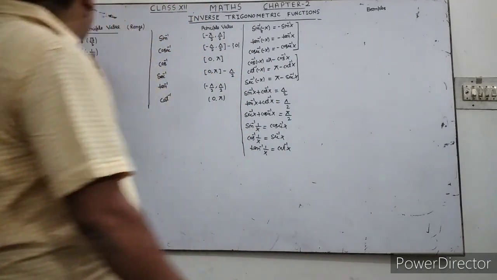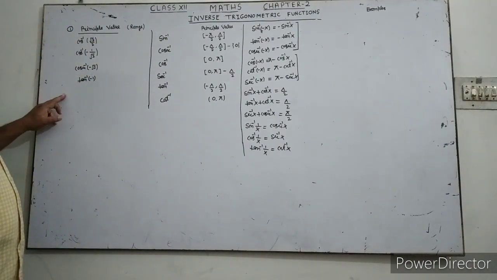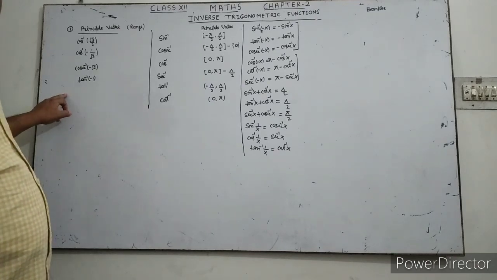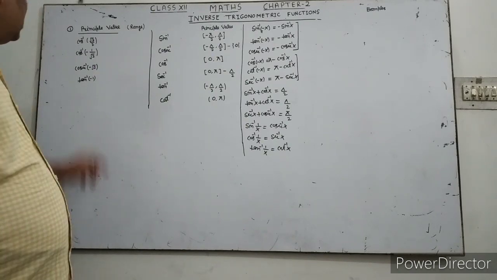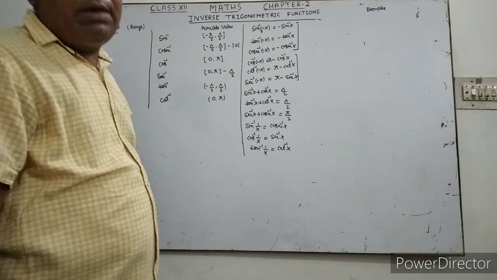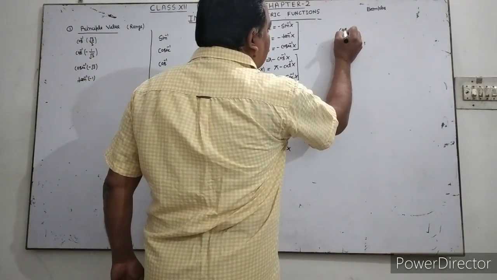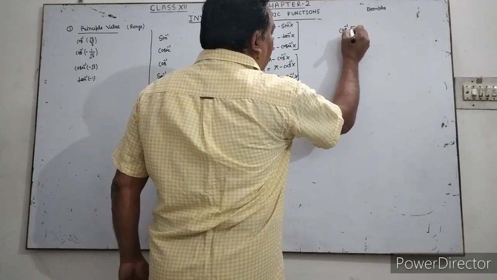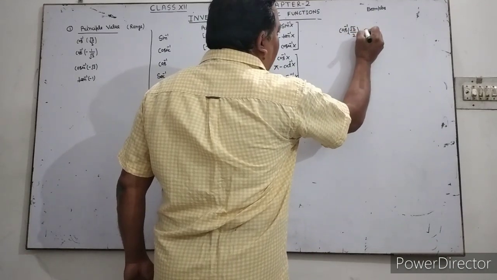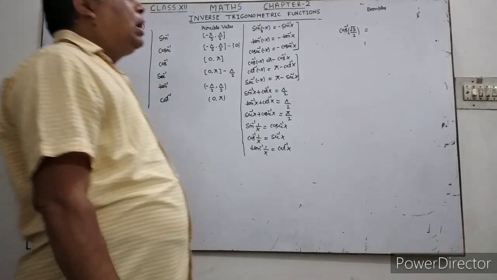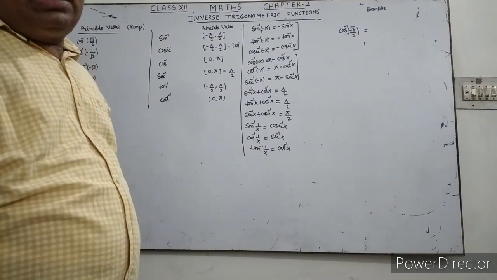Suppose we write four examples here. How can you find the principal value, or range? Principal value means range. Suppose you find the principal value of cos inverse of root 3 by 2. Root 3 by 2 is the value of cos 30.